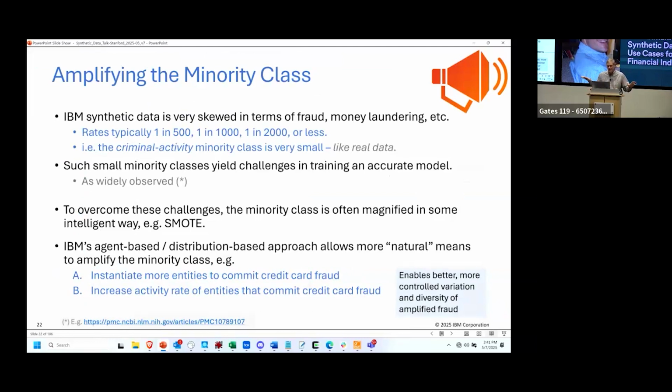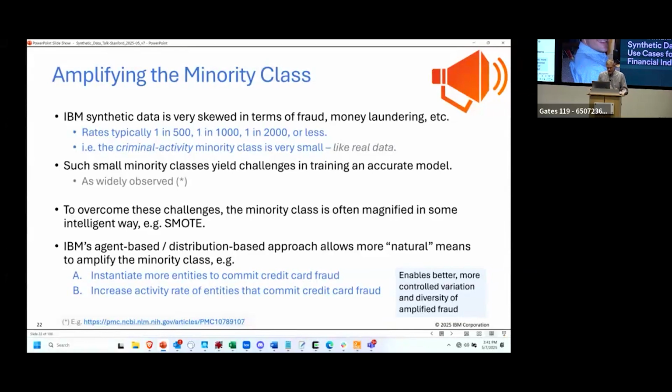So a lot of people have found across a whole range of domains, not just the stuff I'm talking about here, that it can help to amplify the minority class through techniques like SMOTE. And of course, there's goodness in that, but we think the way we're doing stuff actually allows a nicer sort of amplification. We can increase the number of criminals, and because they're also varied, this keeps the diversity that you might lose in SMOTE. If you just have in your underlying sample a handful of criminal actors, you're amplifying stuff in a particular way when that's not really what would happen if you had full data or enlarged data.